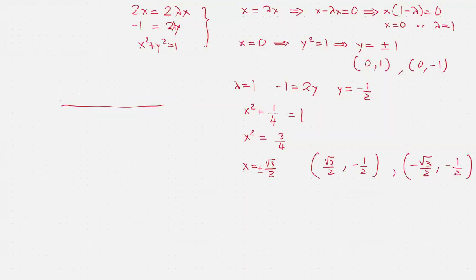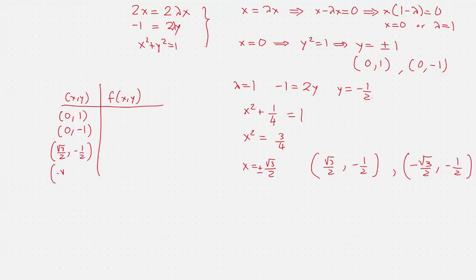So first of all, the critical points that we found are 0, 1, 0, -1, square root of 3 over 2 comma -1/2, and negative square root of 3 over 2 comma -1/2. Now, let's plug them into our function. What was our function? It was x squared minus y. So this will give us -1. This will give us 1.